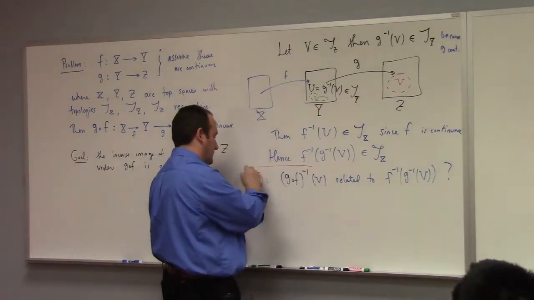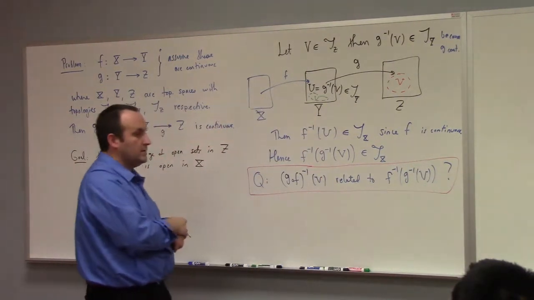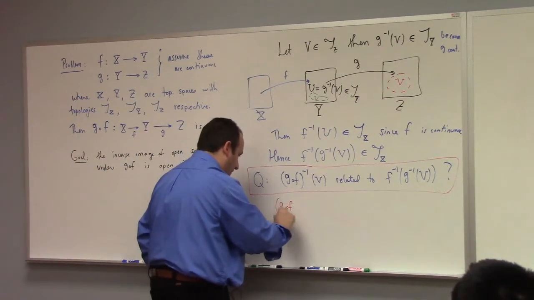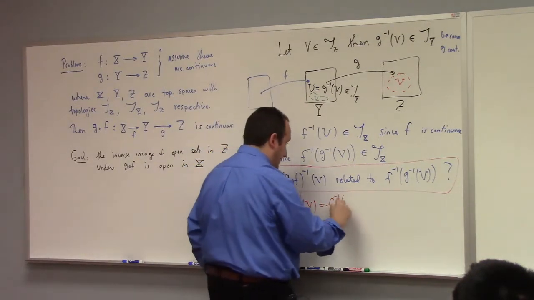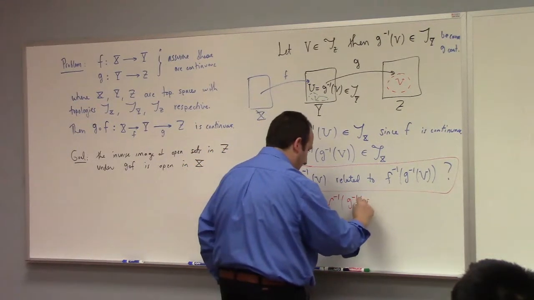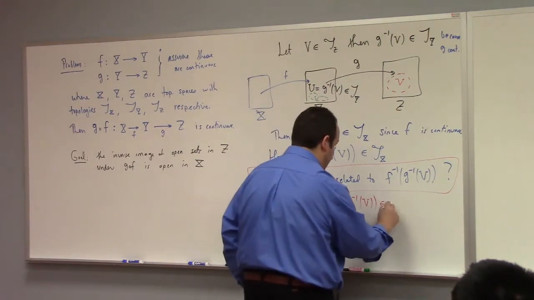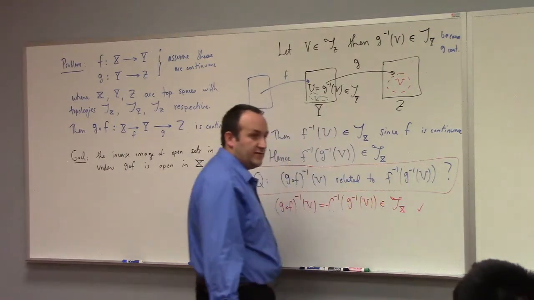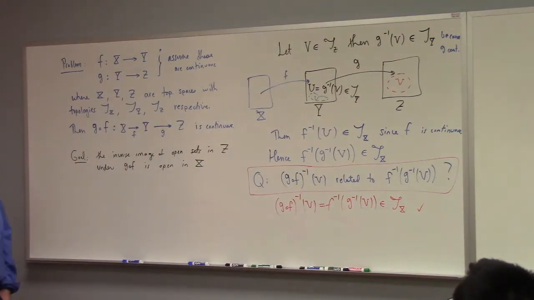They're equivalent. You think they're equal? Is it the case that (g composed with f) inverse of V is equal to f inverse of g inverse of V? If that's true, then that's an element of the topology of X, and hooray, we're done. We've just proved the inverse image of an open set under g composed with f is open.